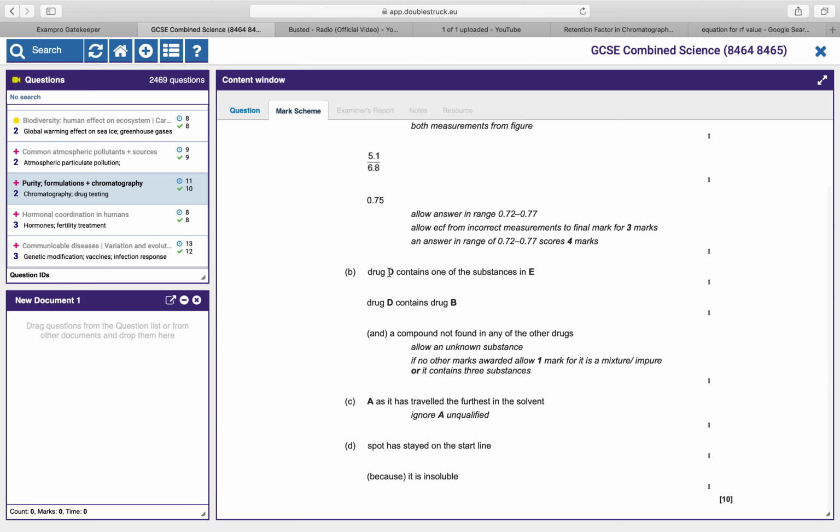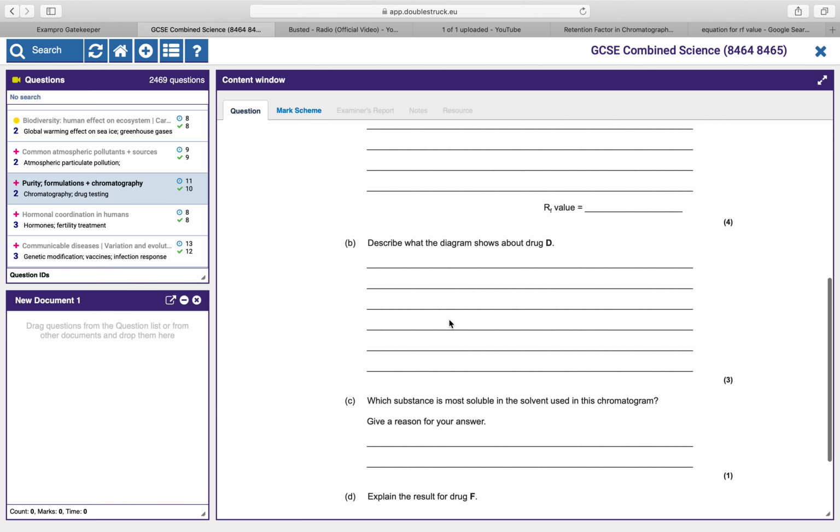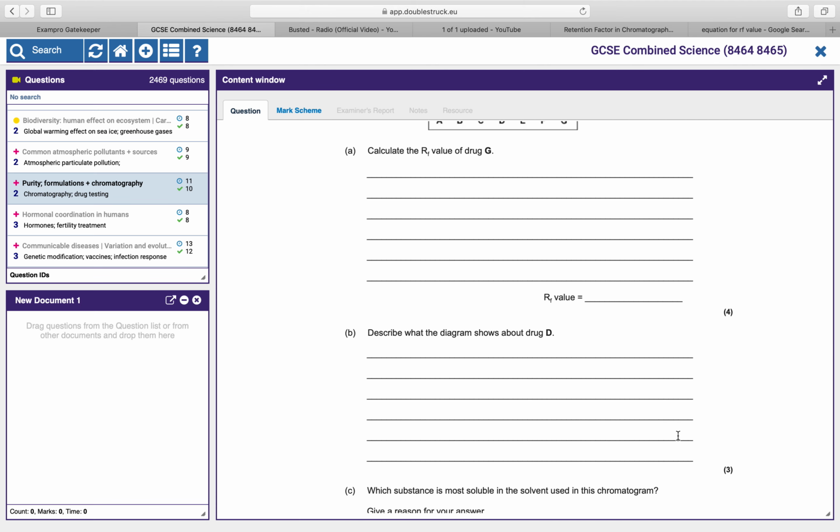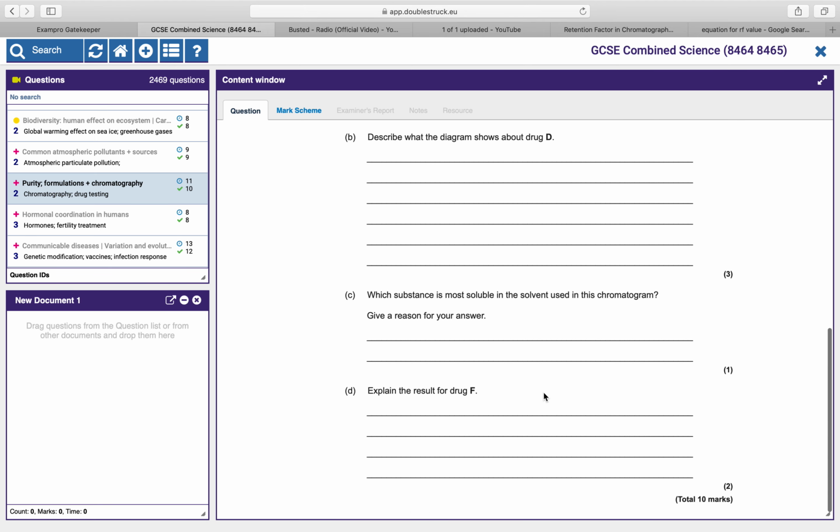Yeah, drug D contains one of the substances in drug E. Drug D contains drug B, and a compound not found in any of the other drugs, or an unknown substance. But if you didn't get any of those marks and you had put it's a mixture, you would have got 1 point. So when you see the 3 marks, there are 3 things to describe.